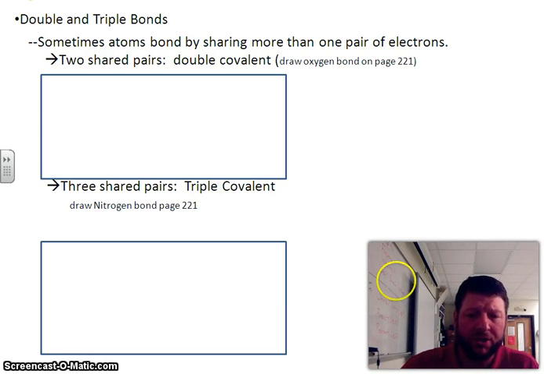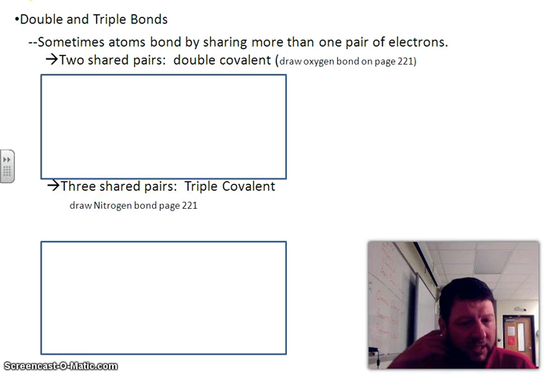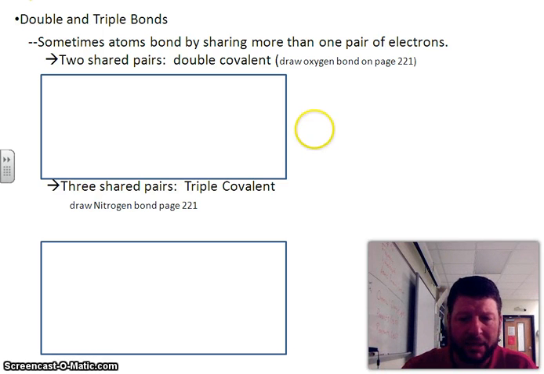Now, we also have something called a triple bond. Okay, this is where there's 3 shared pairs. It's a triple covalent bond. All right, please at this time draw nitrogen at the bottom of page 221 in the box below. After you've drawn that nitrogen bond, you will have noticed that, look, 1 electron pair is not enough to satisfy the octet rule to make 8. Neither is 2.